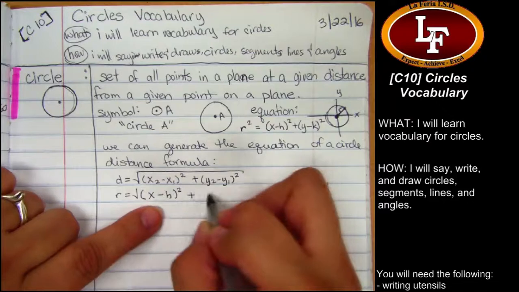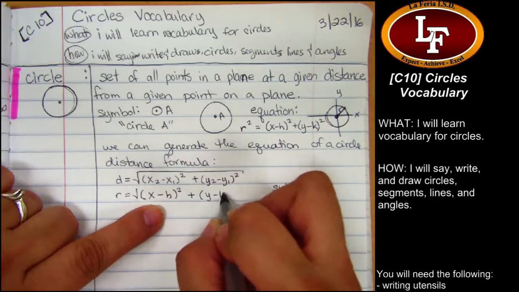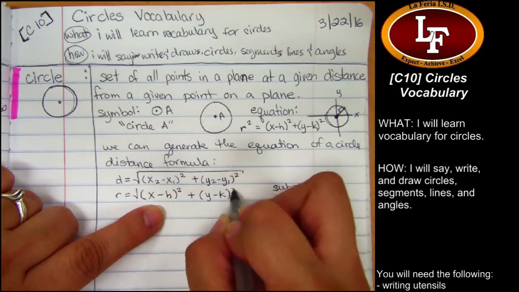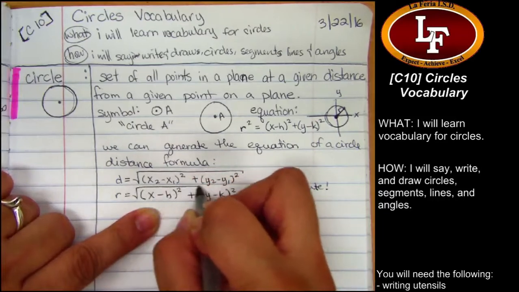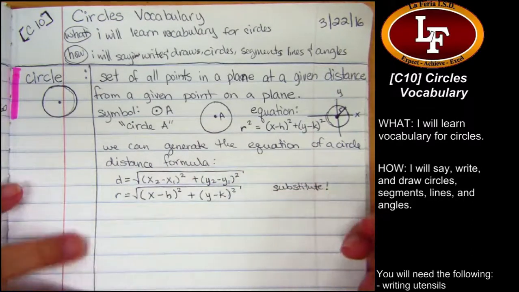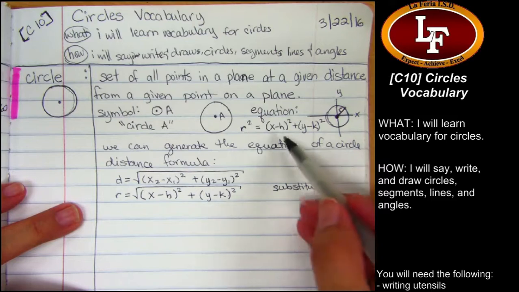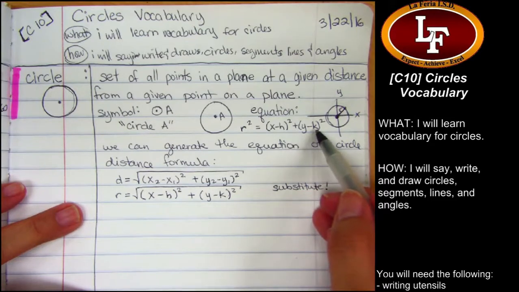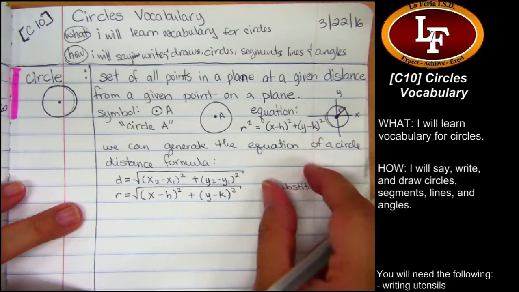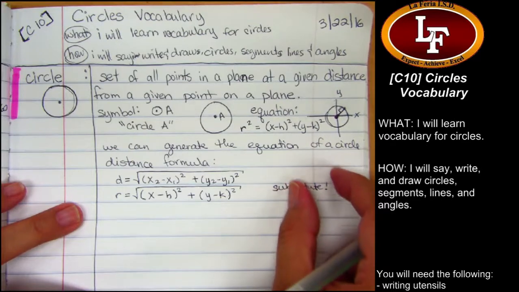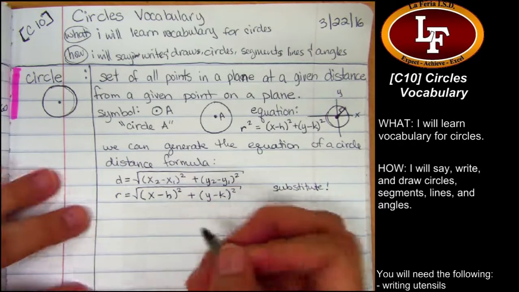Now, hopefully this h and this k are somewhat familiar to you. They actually come from translations. So this h and this k are some sort of horizontal and vertical shift. They're a translation.